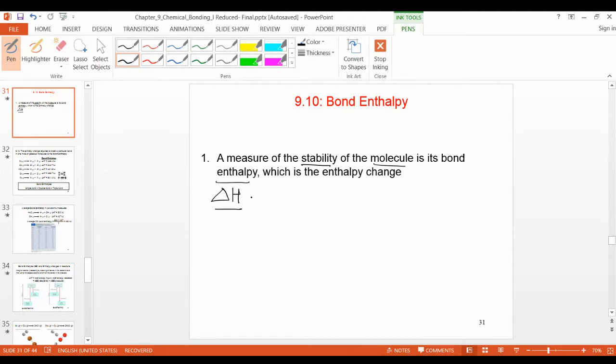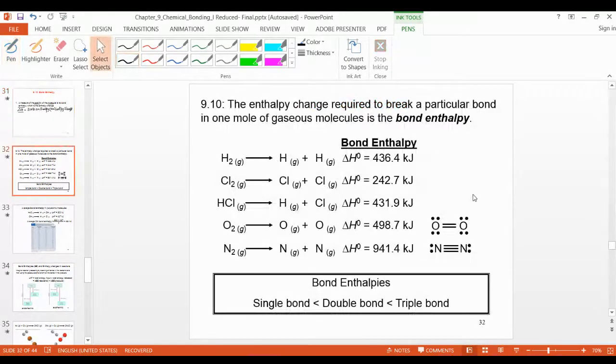This is the enthalpy change. This is bond enthalpy, or enthalpy change. So now this is the enthalpy change required to break a particular bond in 1 mole of a gaseous molecule, and that is the bond enthalpy.